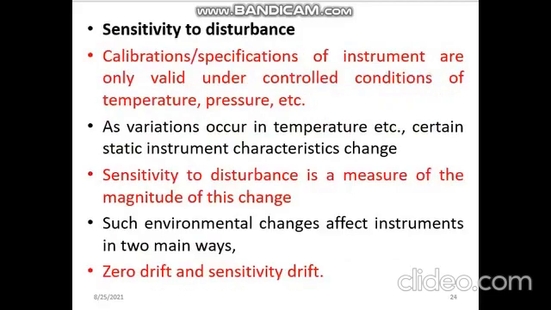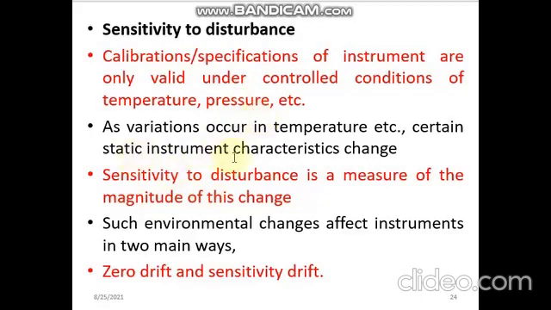The next thing is sensitivity to disturbance. The instrument sometimes responds to environmental disturbance. Whenever you place it in any condition where the temperature is different from the one it was calibrated at, or the pressure or humidity or anything, you find that the output will change not only from the input you are taking from the system you are measuring, but also from those temperature, pressure and other environmental conditions.